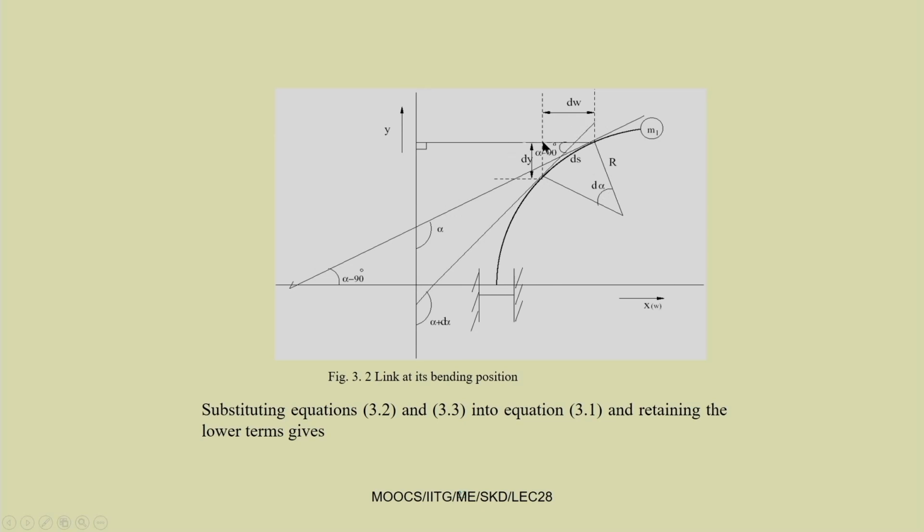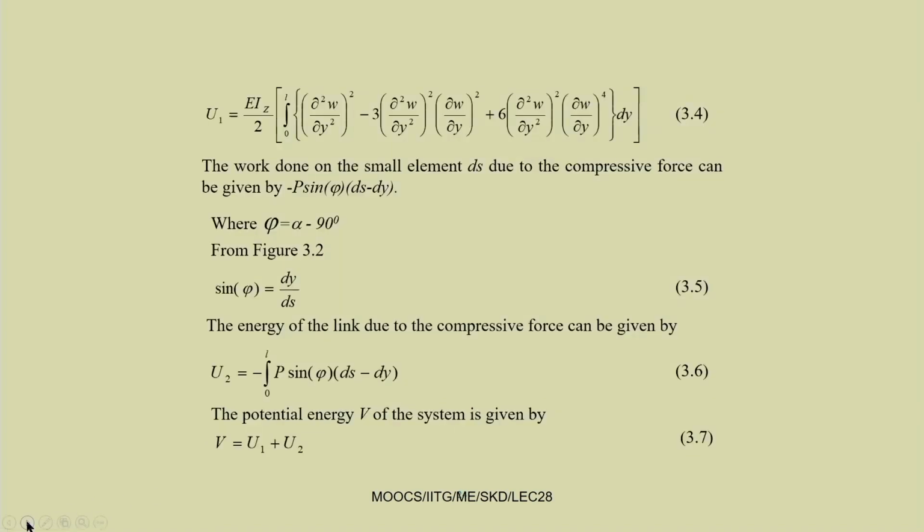That is the deflection of the beam, and so now we can find U equal to E I Z by 2 integration of (del square w by del y square) minus 3 (del square w by del y square) whole square (del w by del y) whole square plus 6 (del square w by del y square) whole square into (del w by del y) to the power 4, into dy.